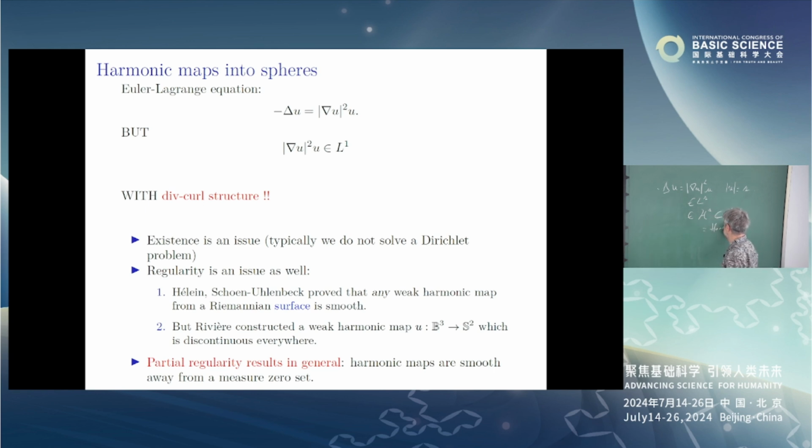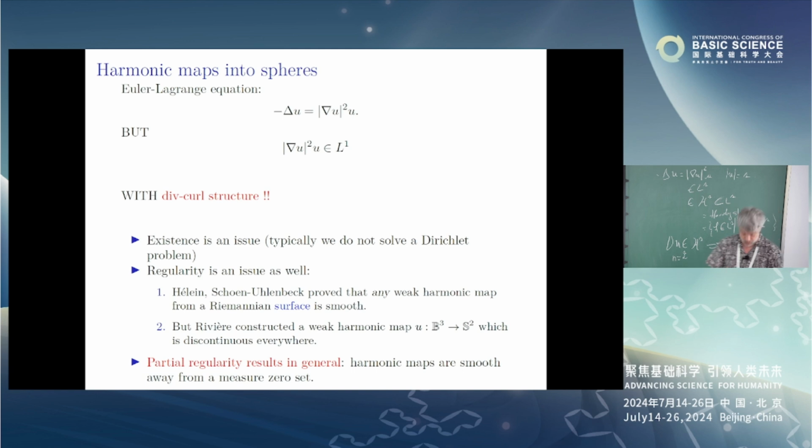Let me define it, not in a good way, but enough for our purpose. This is a space of functions in L1 such that the Riesz transform is in L1. And you can prove by using Calderón-Zygmund theory that, at least in dimension 2 for the domain, if the Laplacian is in H1, u is continuous.